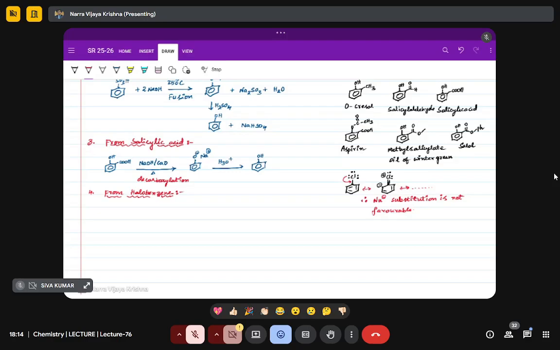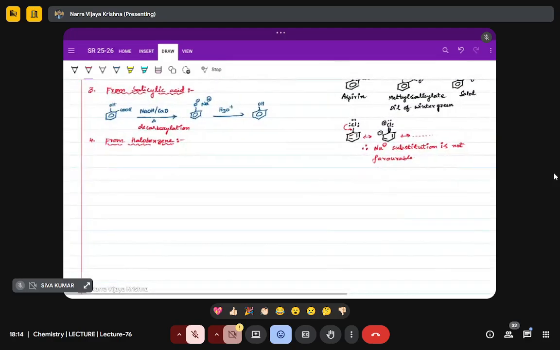We call that process Dow's process. So chlorobenzene with 2 moles of NaOH at 350 degrees centigrade and a pressure of around 300 atmosphere.